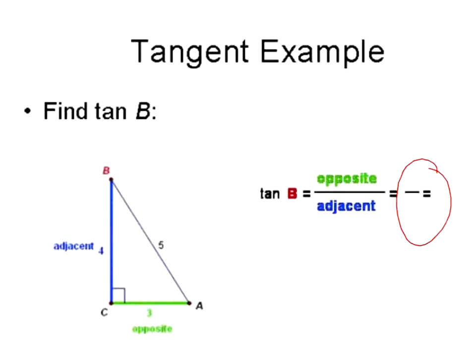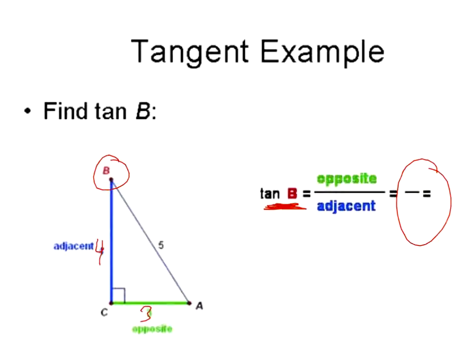There we go. So go ahead and please write out what you think your fraction would be. If I'm looking, what angle am I starting to look from? Angle B, it tells us in the problem. Please write in your opposite over your adjacent side.